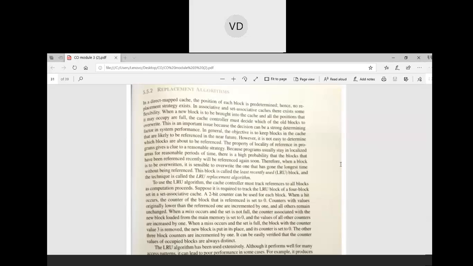Now, whose values are less than this 3? Block number 1 is 2, it is less. Block number 3 is 2, it is less. Block number 0 is 1, it is less. So what is it telling? The original value is 3. Those whose counter values are less than this 3, increment them by 1.